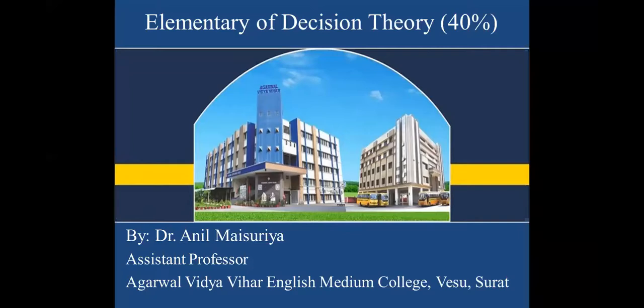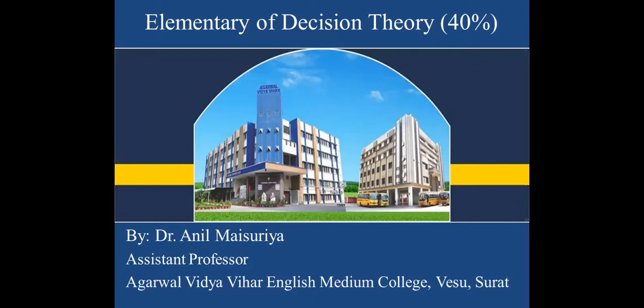In the last lecture, we had seen the most important method, that is decision making under risk. In that method, we have seen three methods: EMV, expected monetary value, EOL, expected opportunity loss, and EVPI, expected value of perfect information.